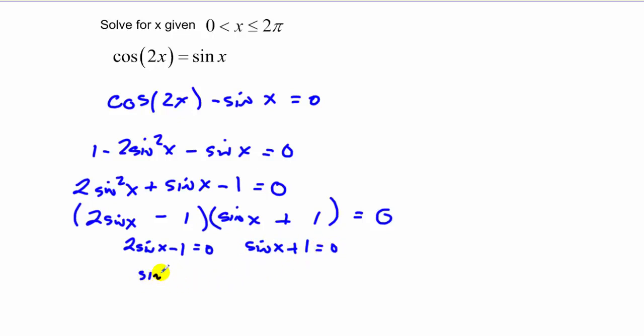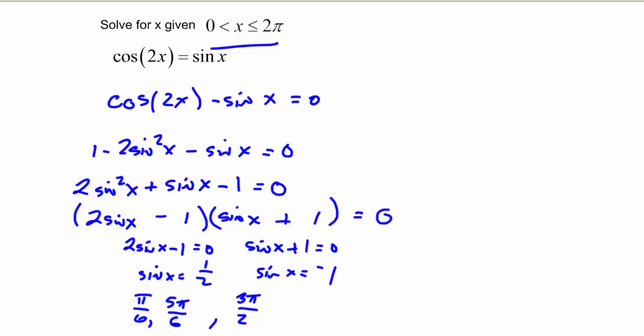Therefore, sine of x equals a half, and sine of x equals negative 1. Where do I have a y value of a half? That's at pi over 6, 5 pi over 6. Remember, I use both since I'm looking for values between 0 and 2 pi. And then I have a y value of negative 1 at 3 pi over 2. And that gets me done.